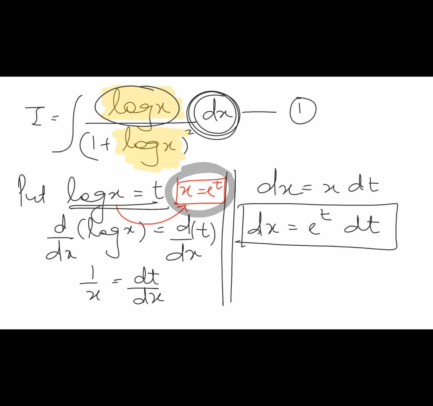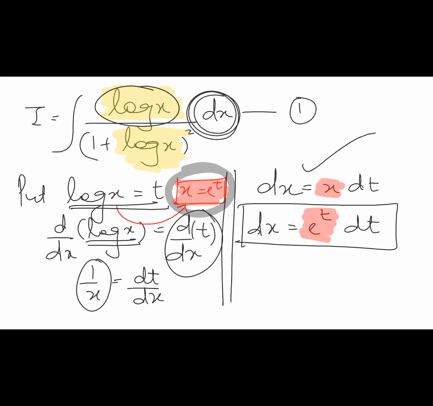See, method of substitution. D by dx of log x is 1 upon x, and this is dt by dx. Cross multiply, you'll get dx is equal to x dt. Now there is no x in equation number 1. Look at equation number 1, there is no x. So x is replaced with e raised to t. Why is x e raised to t?